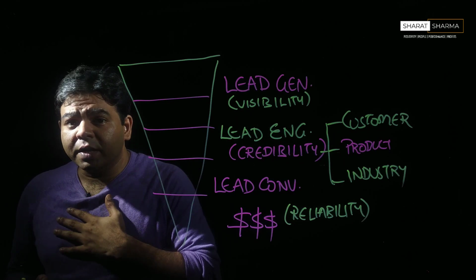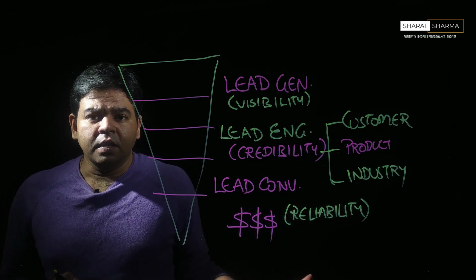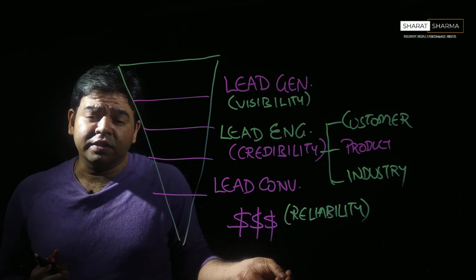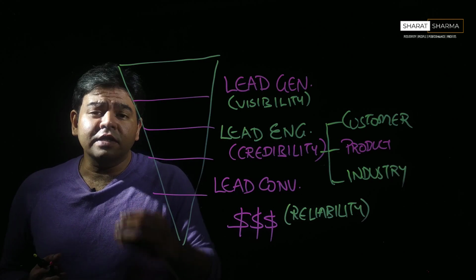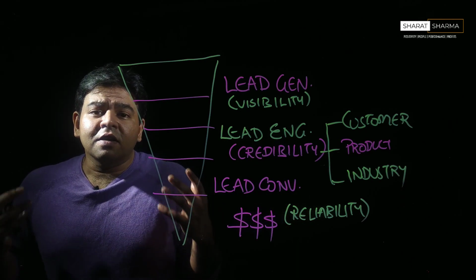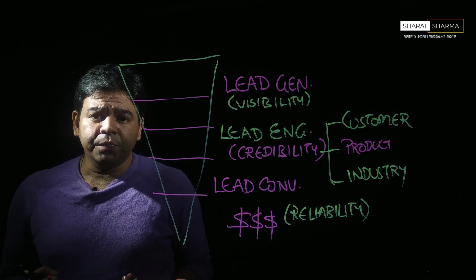It's not about what you say about your product, it's about what others are saying about your product. Now, you would have seen big organizations have brand ambassadors. And why do they have brand ambassadors? It is because they want to make sure that the end customer feels that we are a reliable brand.